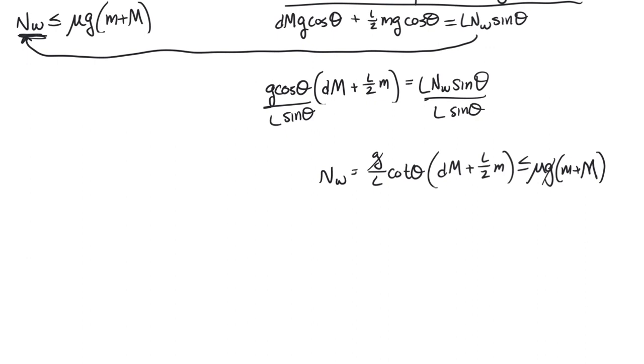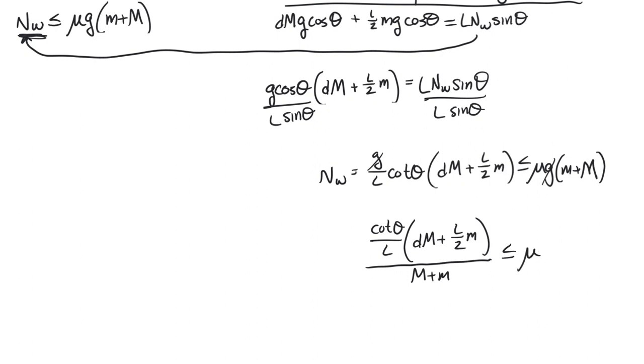It's in every term. There's nothing pretty here. So I have cotangent theta over L times dm plus L over 2 M, all divided by m plus M. Has to be less than or equal to mu. Nothing pretty about that at all, and nothing particularly outstanding either.